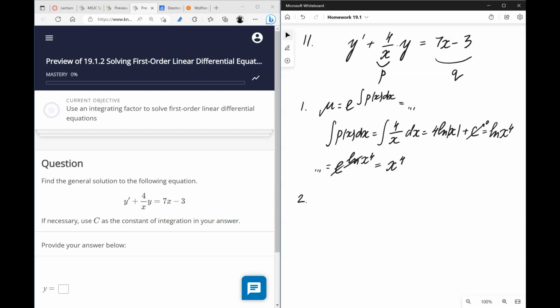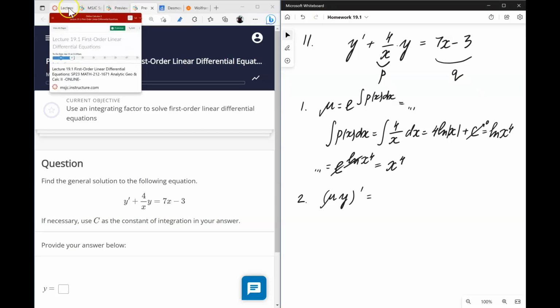In the second step, we're going to use the integrating factor, and we're going to rewrite the left hand side as mu times y, derivative, and the right hand side. I guess I'm missing the step here of multiplying everything by the integrating factor.